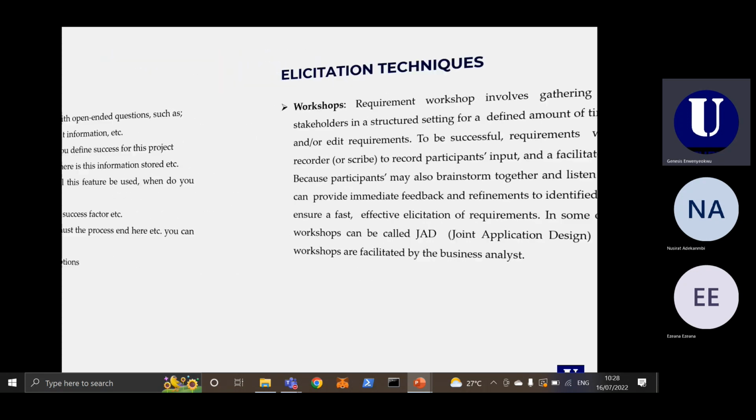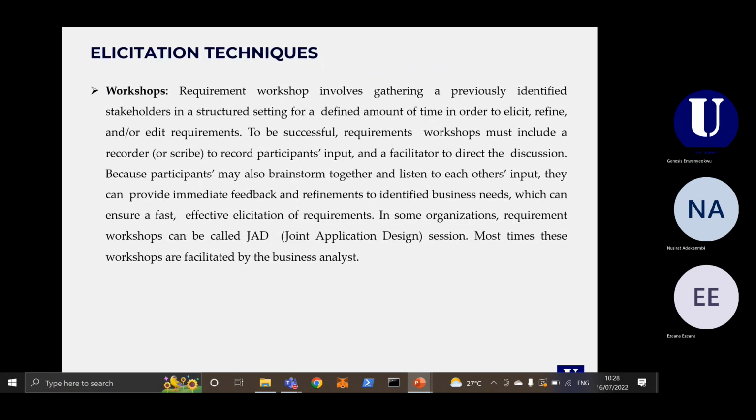Now, the next technique we'll be looking at is workshop. Aside from interviews and benchmarking, workshop is another commonly used technique that we have in business analysis.